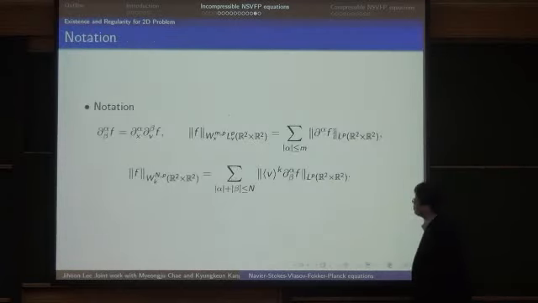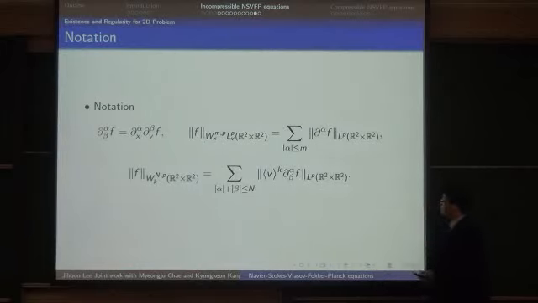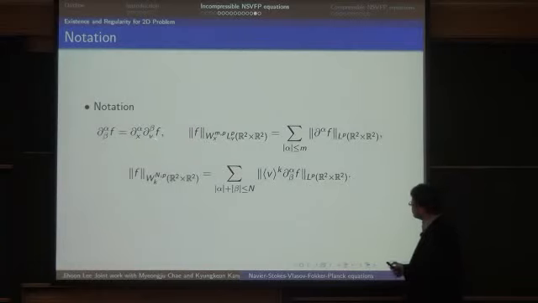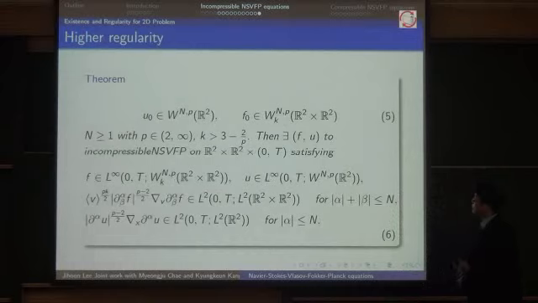So to justify this kind of energy estimates, we need some properties. And also for the higher regularities, we will use this kind of notation. This alpha is the derivative with respect to x, and beta is the multi-index derivative with respect to v. Then this is some weighted norms, and then we can have higher regularities.